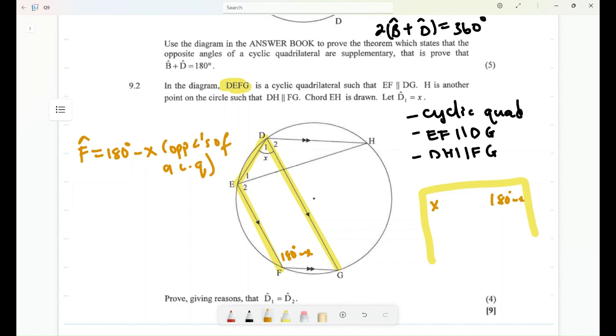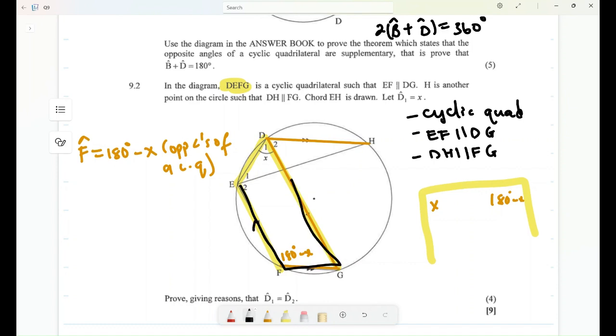Now, remember I'm trying to prove this is x, but I still have this property that these two lines are parallel. If I can prove that angle G is equal to x, then I'm done.